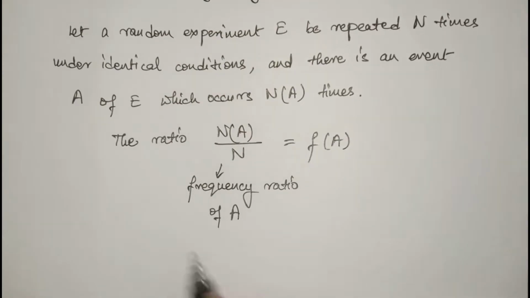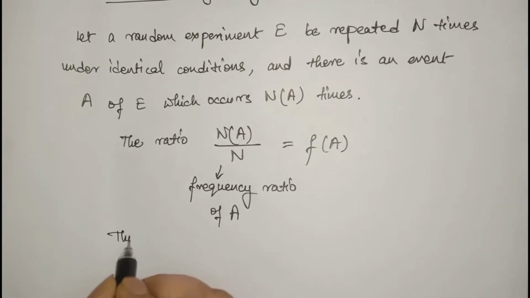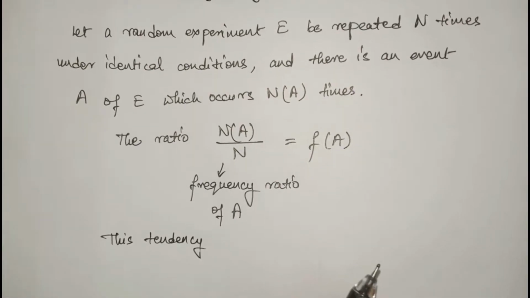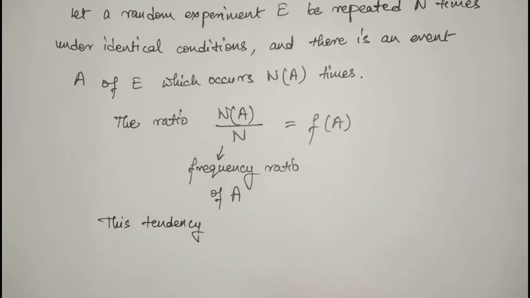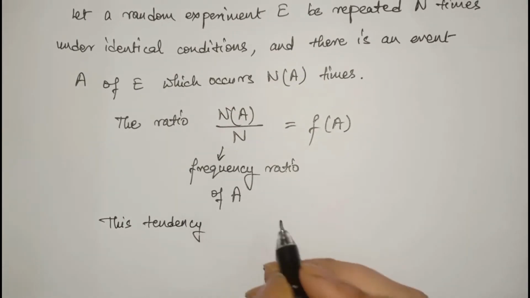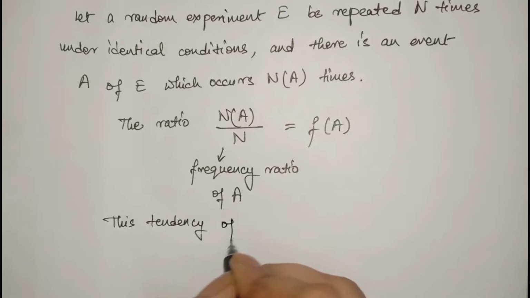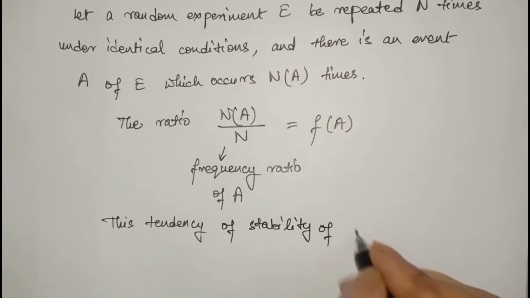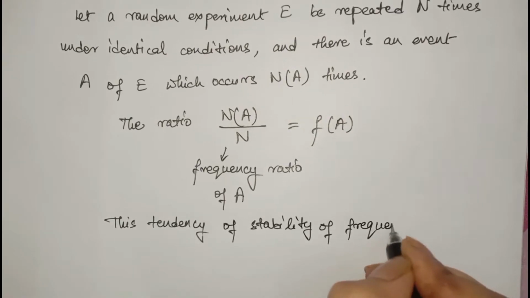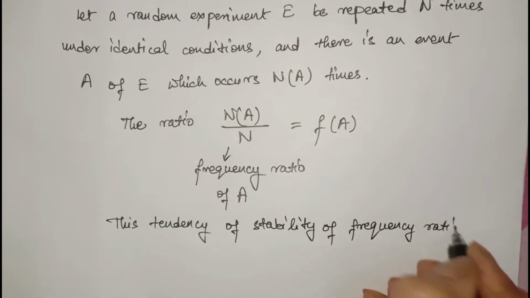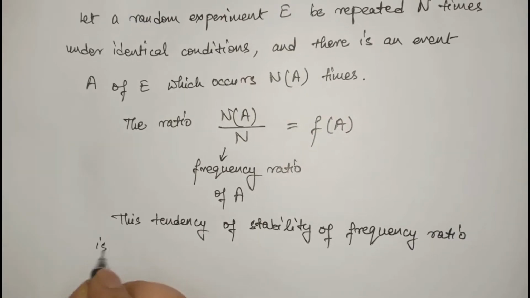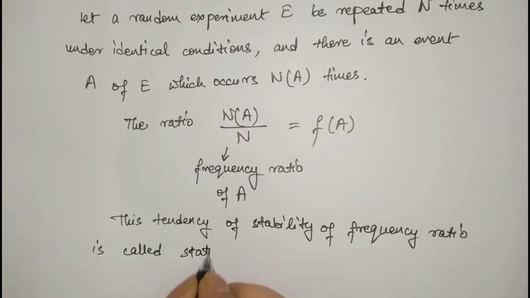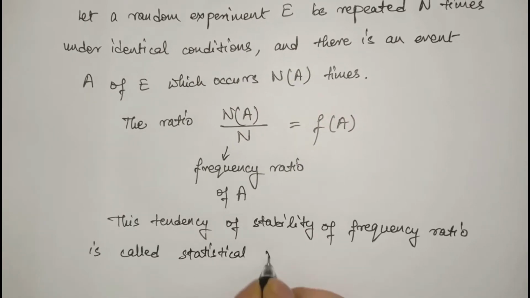So this tendency of FA to stabilize, which means this tendency of stability of the frequency ratio, is called statistical regularity.